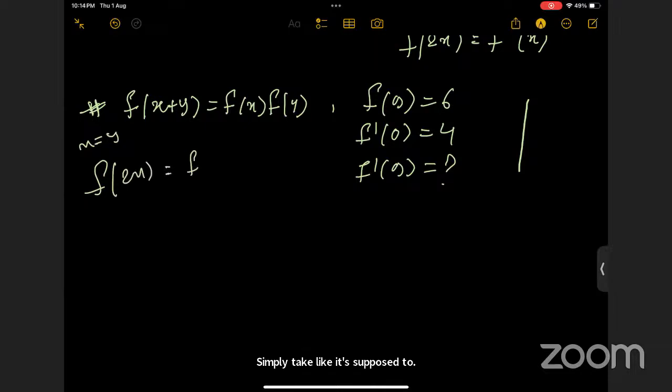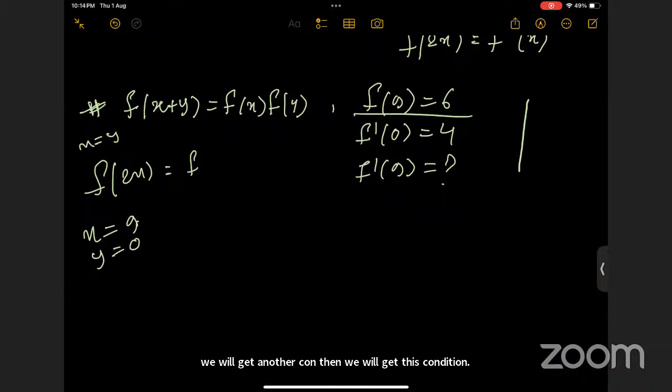Ma'am, instead of taking x equals to y, can we just take x equals to 9 and y equals to 0? So you are saying x equals to 9 and y equals to 0. Yeah, then we will get f of 0 is equal to 1, and then we will get another condition.